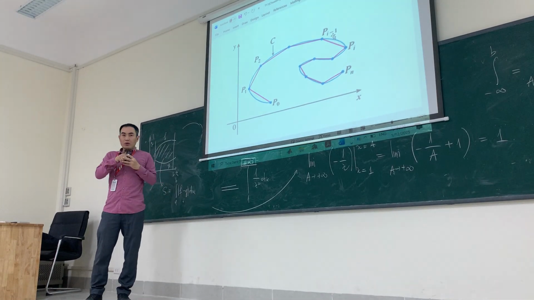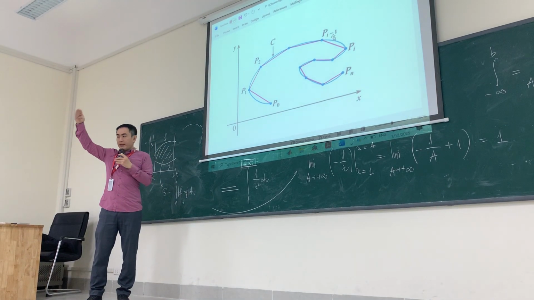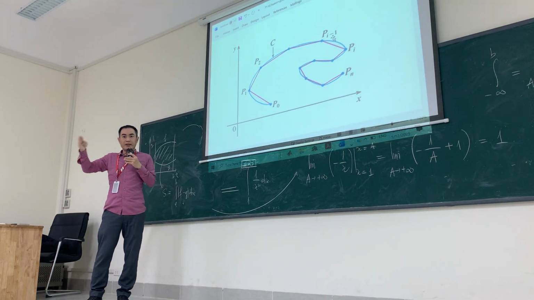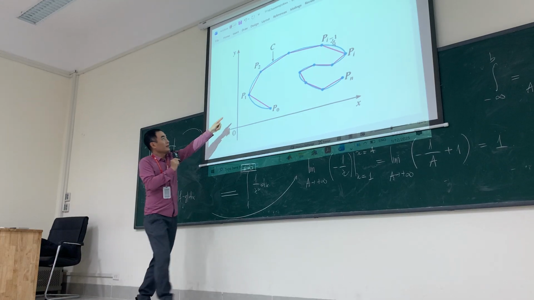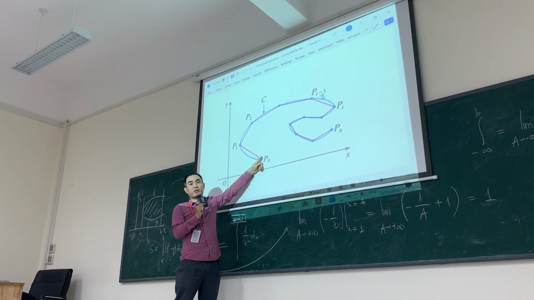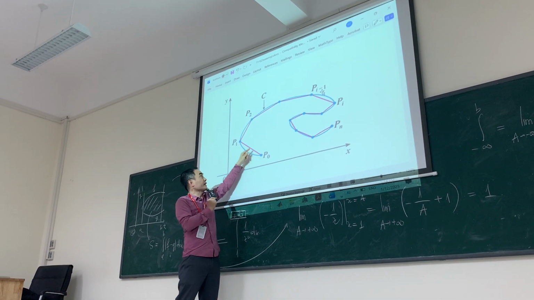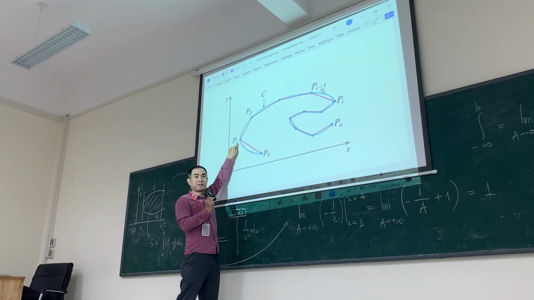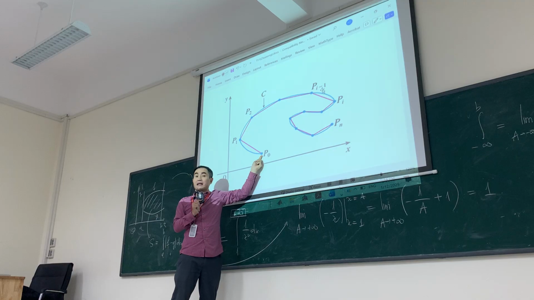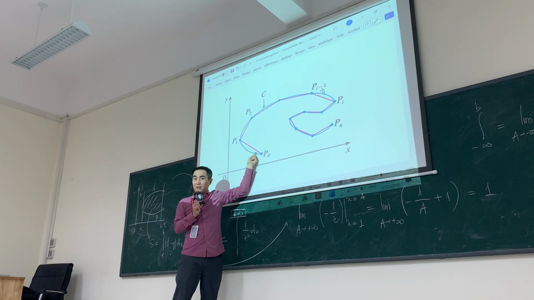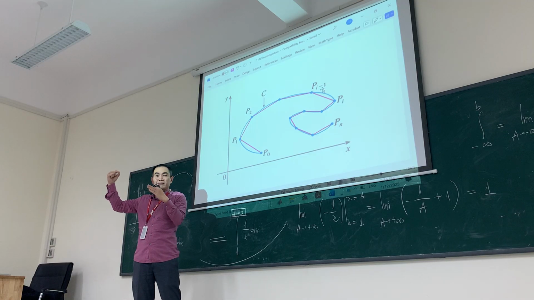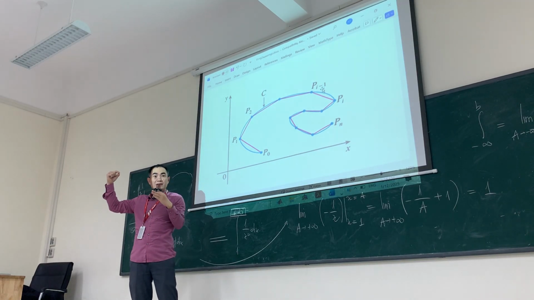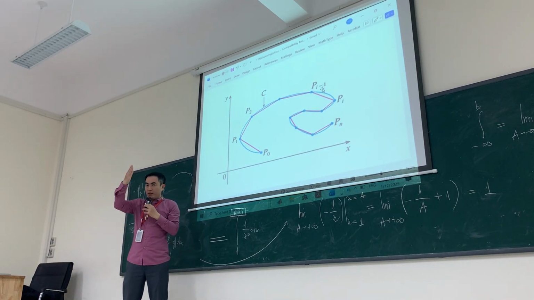What can we do? We can divide the curve into many subcurves. If P1 and P0 are not far apart, we can approximate the arc length of this subcurve by the segment. I think you can estimate the distance between two points.